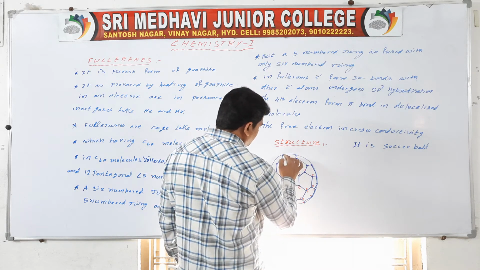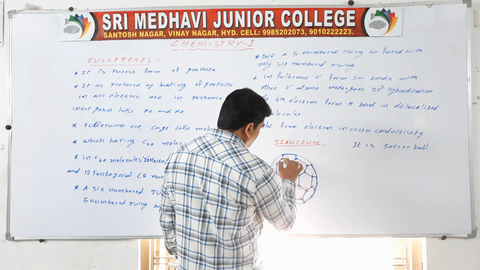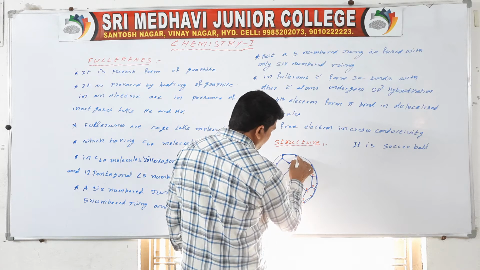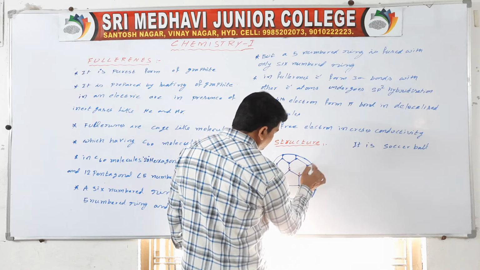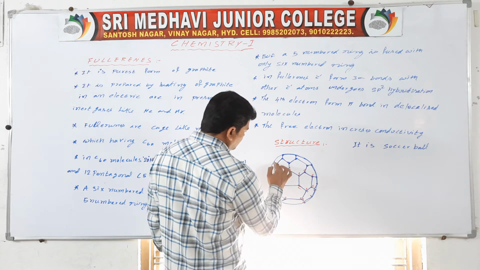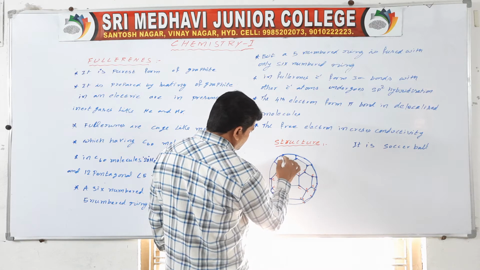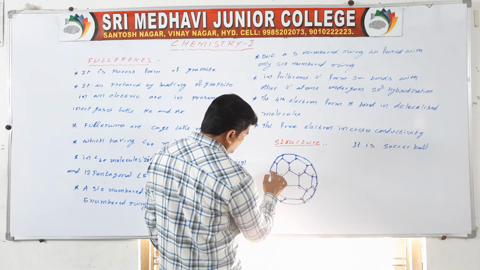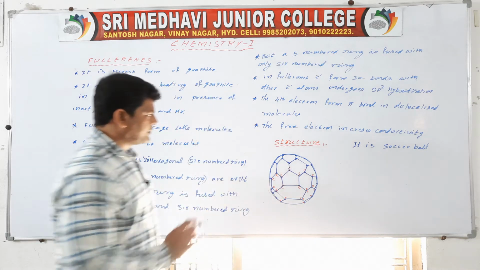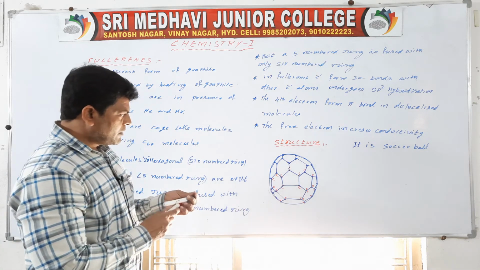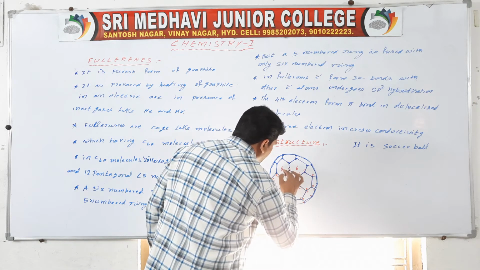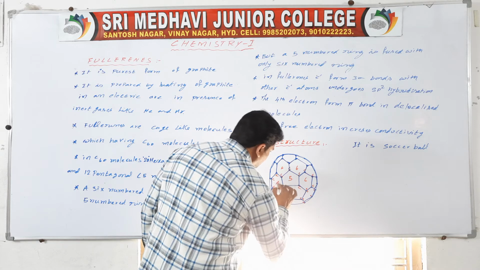Then it is a 5 numbered ring. Okay, then it is a 6 numbered ring. So what I mean to say, it is a 5 numbered ring, 6, 6, 6, 6, 6.